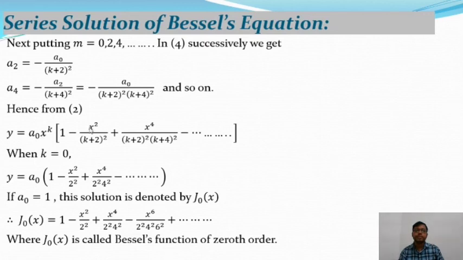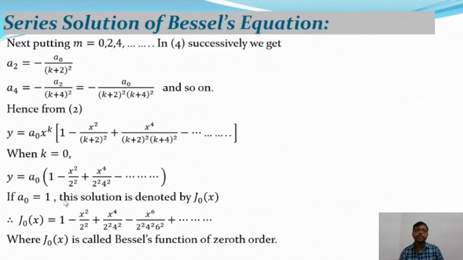So from this equation, when we put k is equal to 0, we'll get y is equal to a0 into [1 minus x square by 2 square plus x to the power 4 by 2 square into 4 square minus x to the power 6 by 2 square into 4 square into 6 square], okay, and up to infinity.